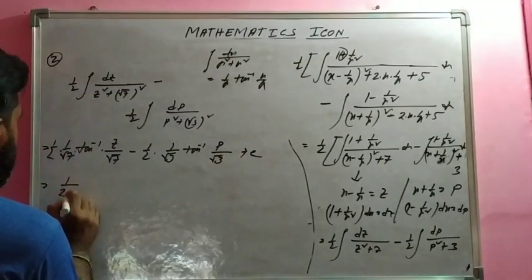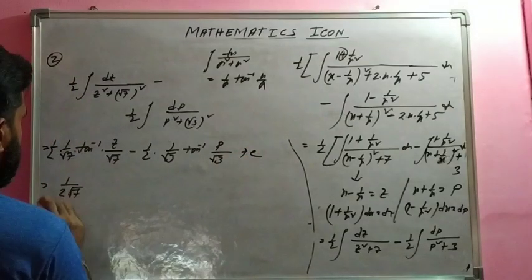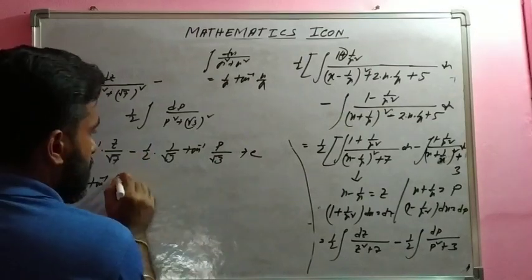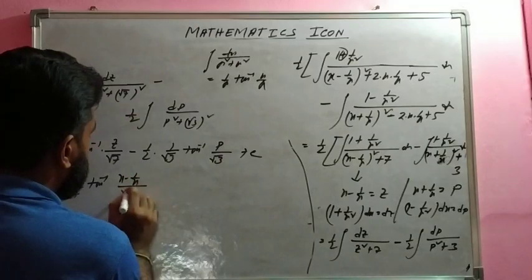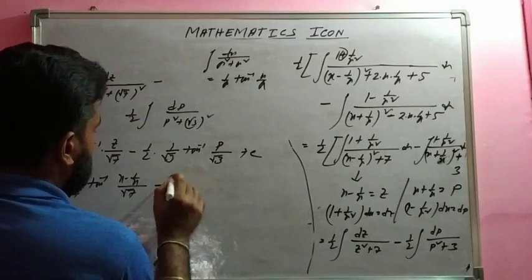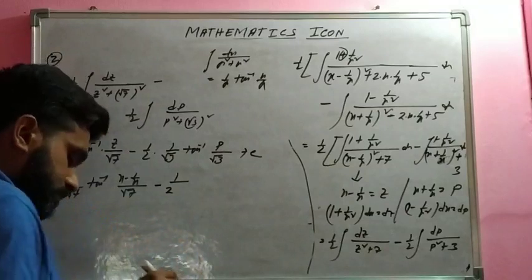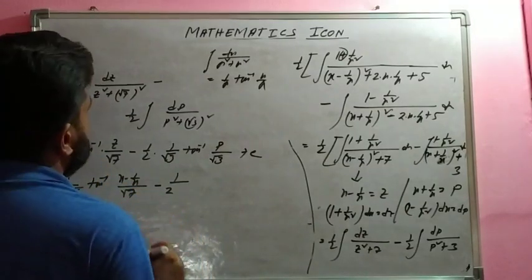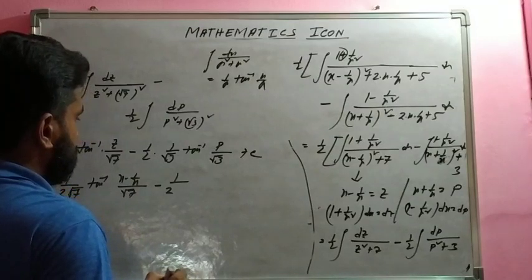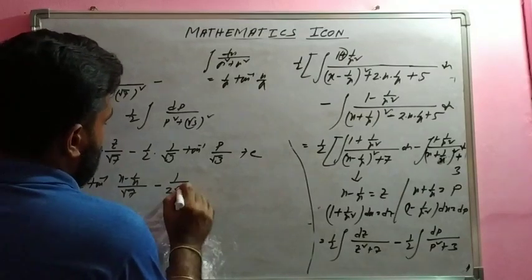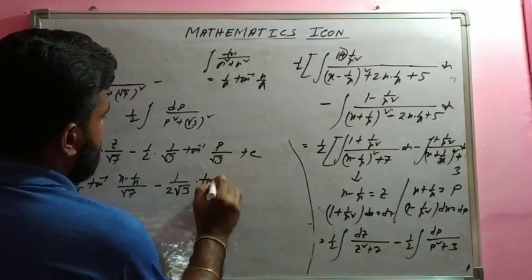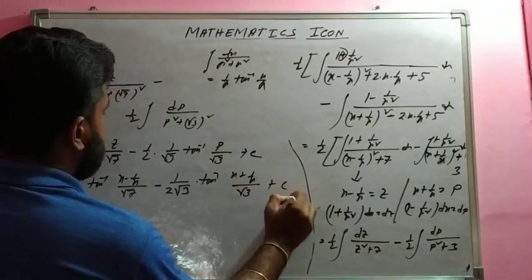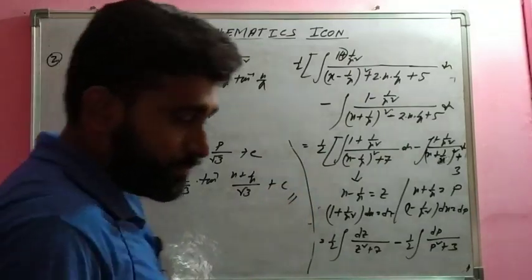So that means 1 by 2 root 7 tan inverse z, and z in the first part is x minus 1 by x by root 7, minus 1 by 2 root 3 tan inverse x plus 1 by x by root 3, plus c. This is the final answer.